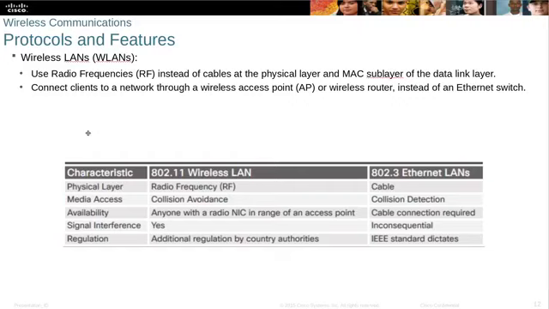However, modern modulation standards can actually reduce the impact of that. Regulation: the Institute of Electrical and Electronic Engineers sets the IEEE 802.3 standards for wired Ethernet LANs, and wireless LANs are regulated by all kinds of standards, including the Federal Communications Commission in the US and various others.